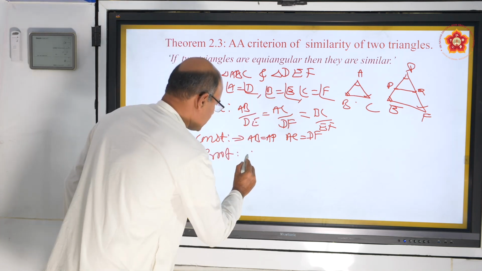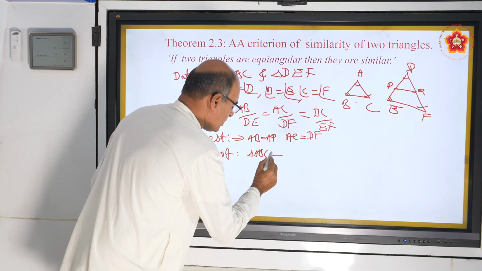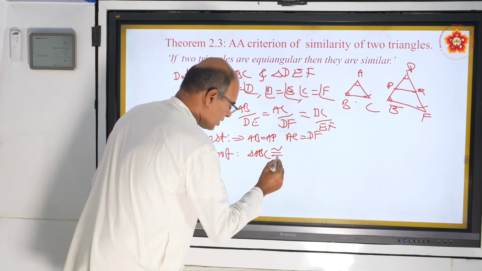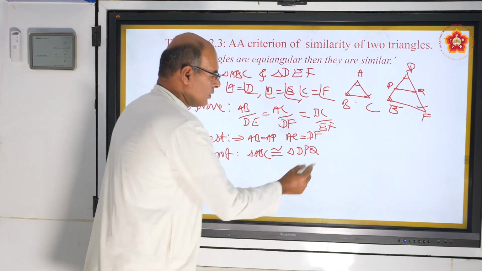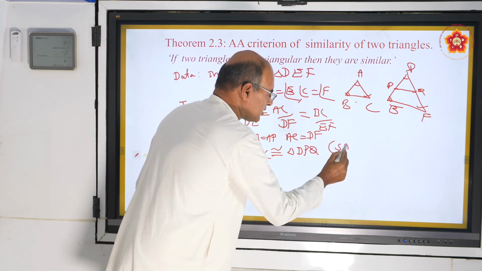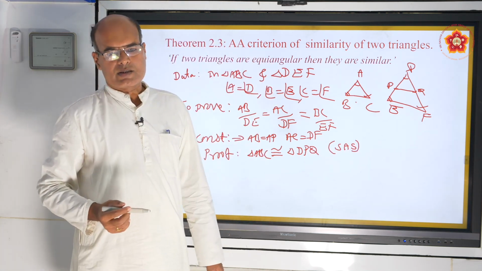So triangle ABC of the first diagram is congruent to triangle DPQ, according to the side angle side criterion of congruency of triangles.